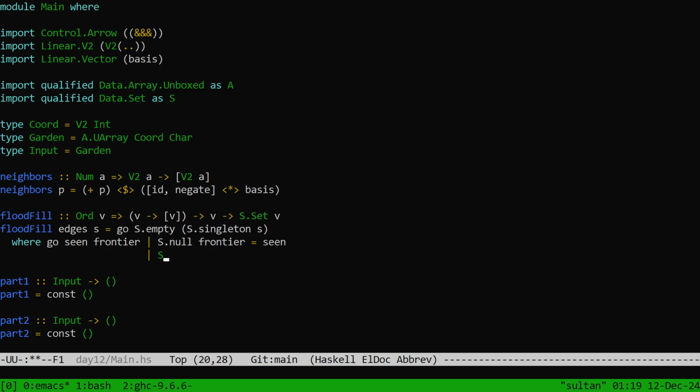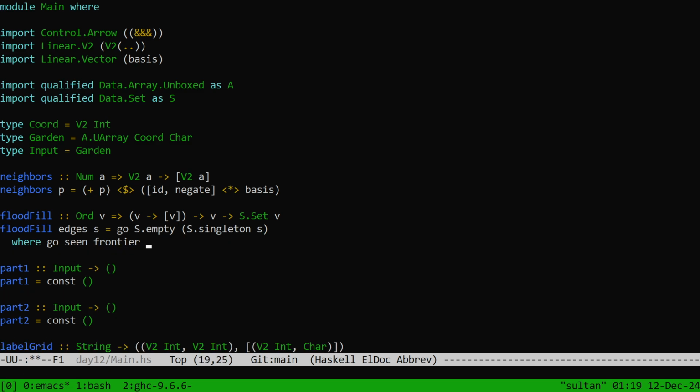Oh, so shouldn't I then... No, I should do more. In Data.Set, there should be some function that lets me get a view of, like... Yeah. So I want to remove an arbitrary item, but I guess I'm stuck. All I can really do is remove min or max. Which is probably good anyway for the set because it involves the least rebalancing, question mark.